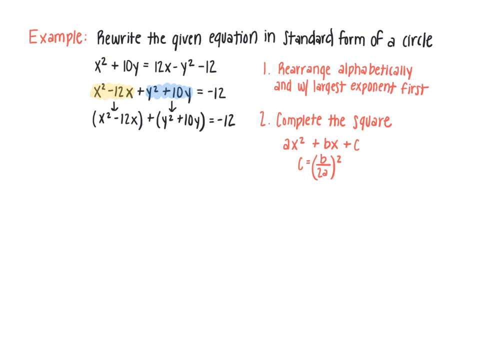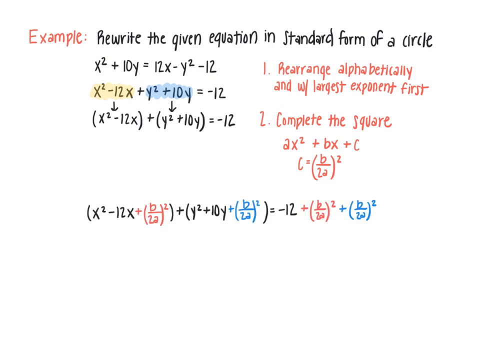And the way that you can create a square is when c is equal to b divided by 2a, squared. So I know that sounds like a lot of letters and numbers, but I'm going to show you what that looks like. So here I went ahead and expanded what's written in the previous step by adding in that b divided by 2a squared term.